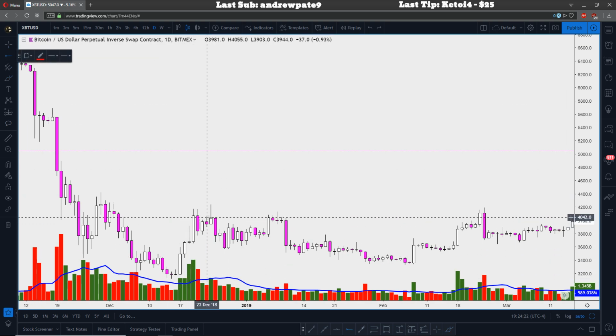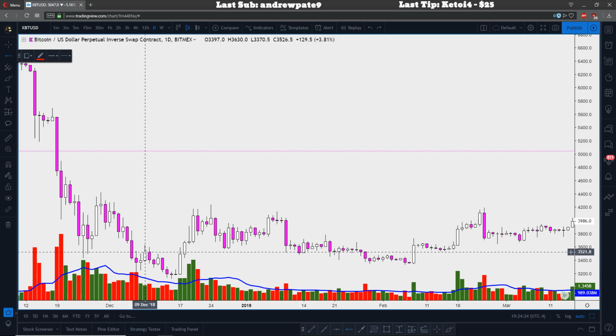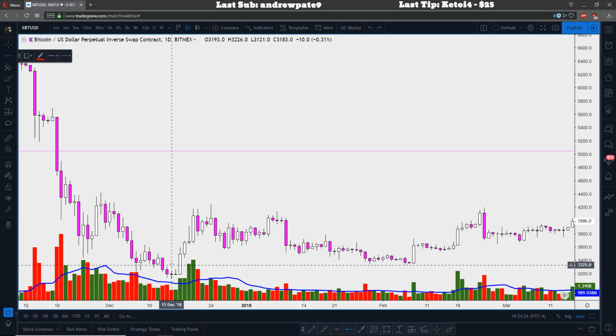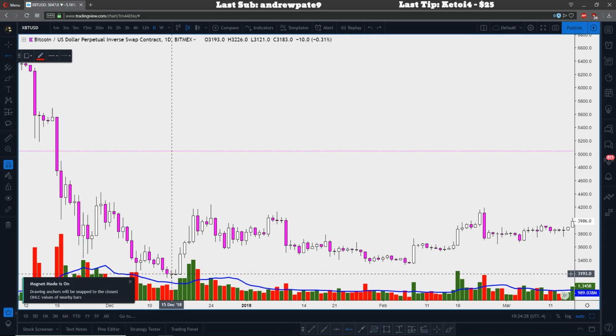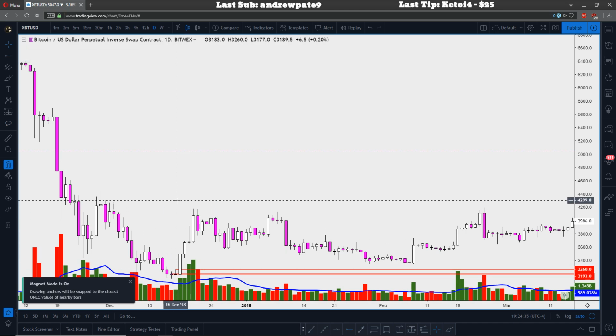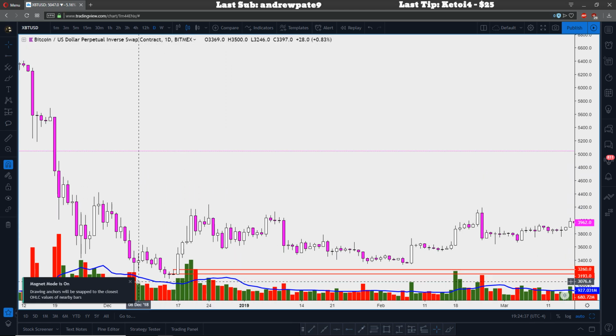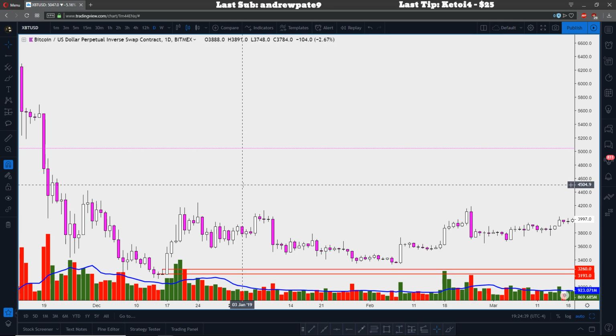So here is your impulse move up. This is your local high. We create a new high. You take the last form of resistance. You can either take the body or the wick. That's always up to your discretion. I'm typically a body trader. I don't take wicks unless they're being heavily respected.